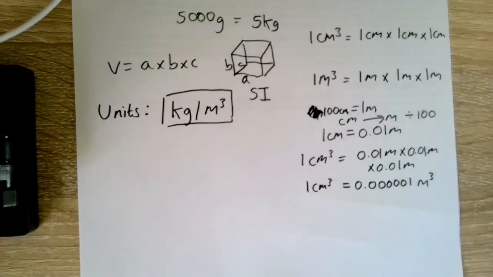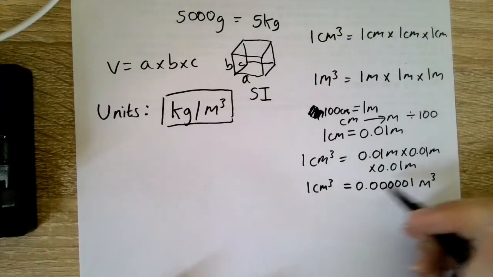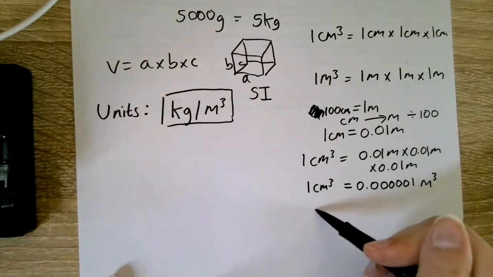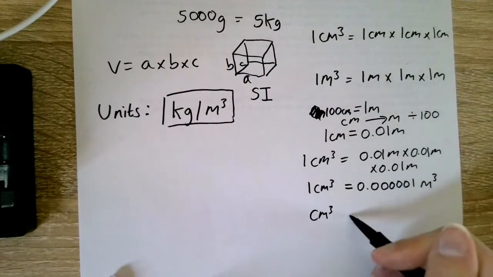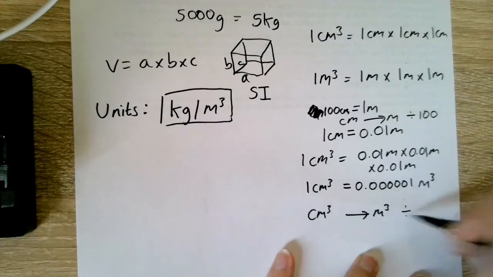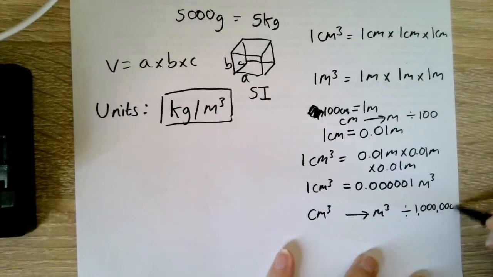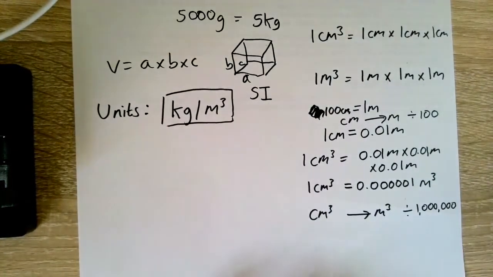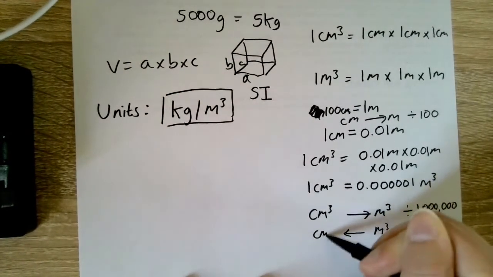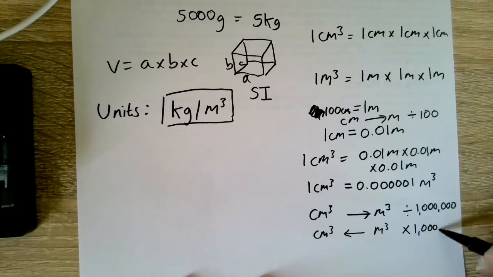It is a millionth. So going from centimetre cubed to metres cubed, we are dividing by 1 million. And therefore to go from metres cubed to centimetres cubed, we're having to times by a million.